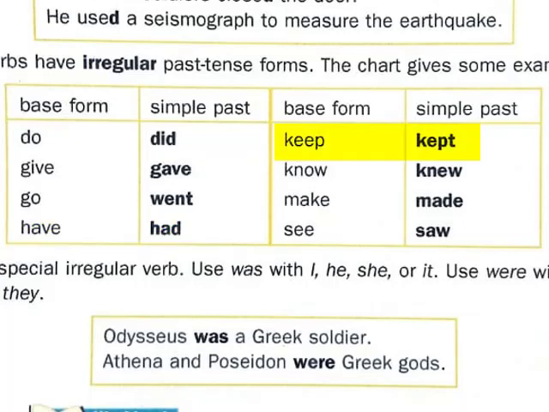Keep, kept. Know, knew. Make, made. See, saw. You see here make and made. When you see your shoes, you can see that it is written made in the USA, made in Brazil. Made, foi feito, okay, the past.